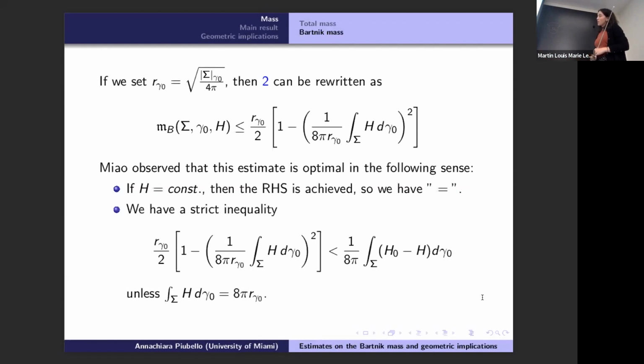Moreover, if we compare this with the Xi-Tam estimate, this right-hand side here is strictly less than the bound from Xi and Tam, unless the total mean curvature is 8 pi r.